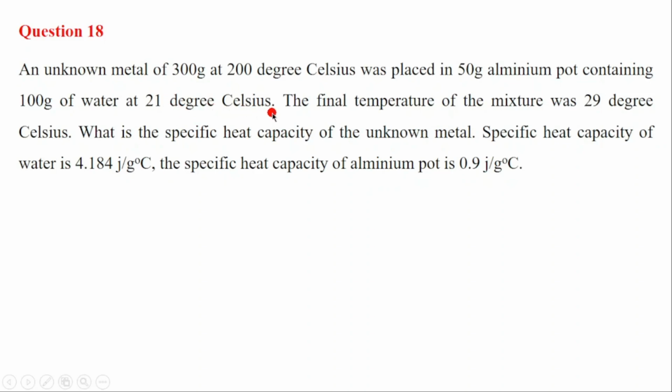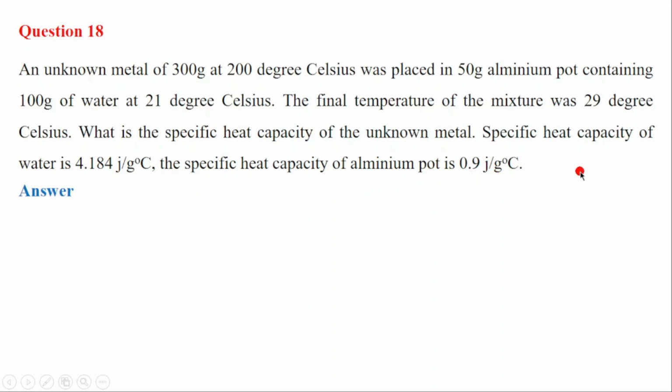That means that the pot and the water had the same initial temperature, which is 21 degrees Celsius, while the unknown metal was at 200 degrees Celsius. The final temperature of the mixture was 29 degrees Celsius. Then they are asking what is the specific heat capacity of the unknown metal. The specific heat capacity of the water is given, and the specific heat capacity of aluminum is also given as 0.9 joule per gram degree Celsius.